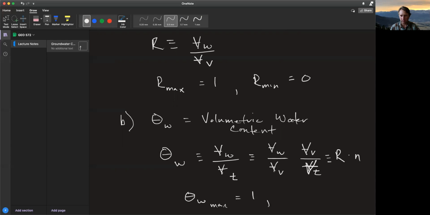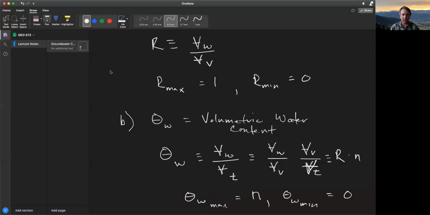That's equal to 1. All right. And minimum, again, our volume of water can be equal to 0, in which case our volumetric water content will be equal to 0. Sorry, this is not 1, this is N, porosity. The maximum volumetric water content is porosity.